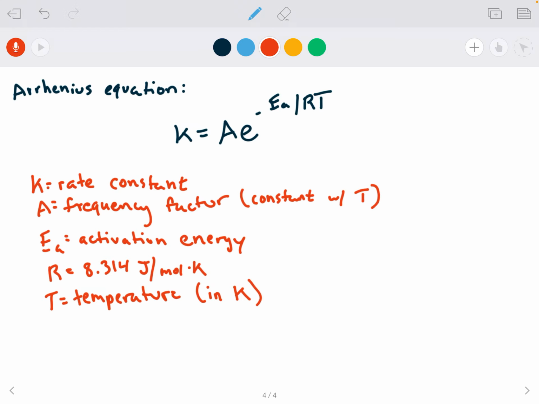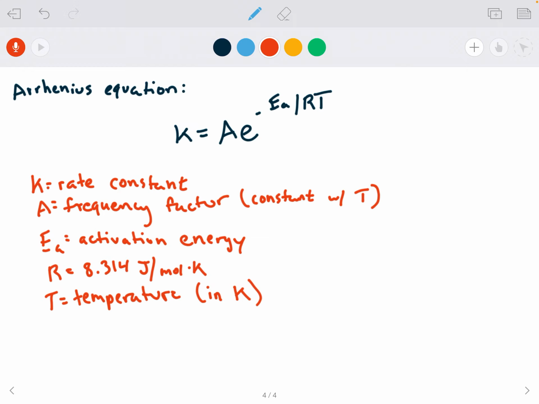Right, so based on this equation, the higher your activation energy, that will lead to a lower rate constant, right? If you have a high temperature, though, that will give you a higher rate constant.